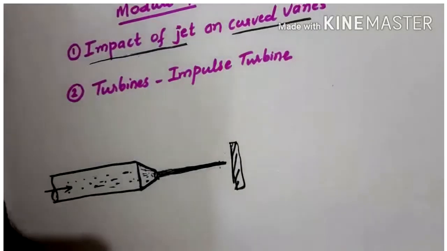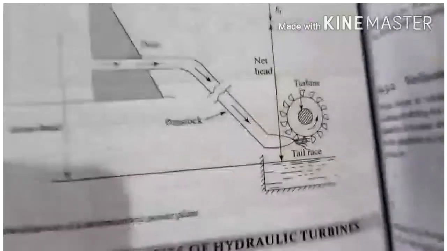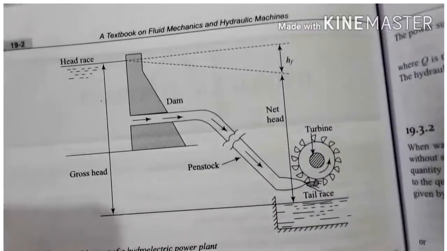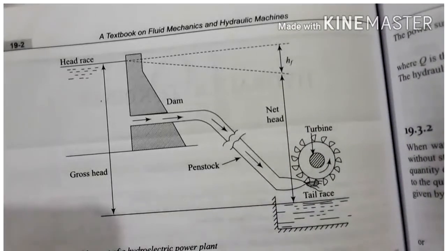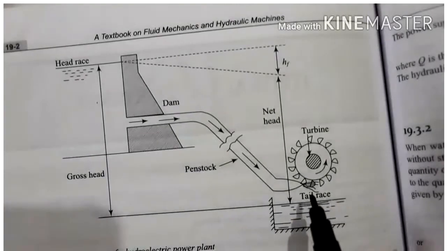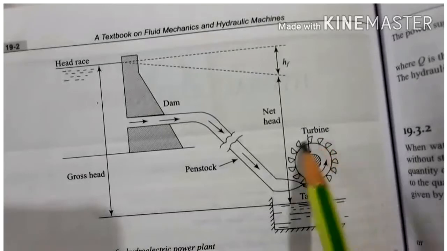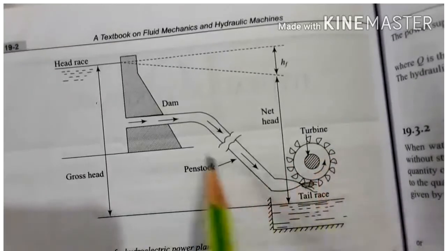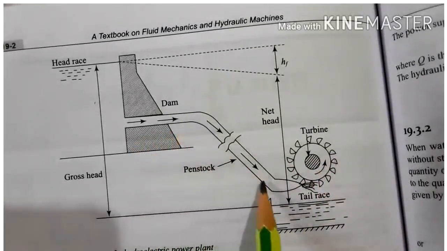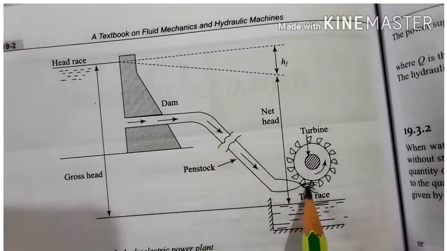You can see in this figure, this is the power station where the turbine is mounted, and the water is fed from the reservoir into the turbine station.